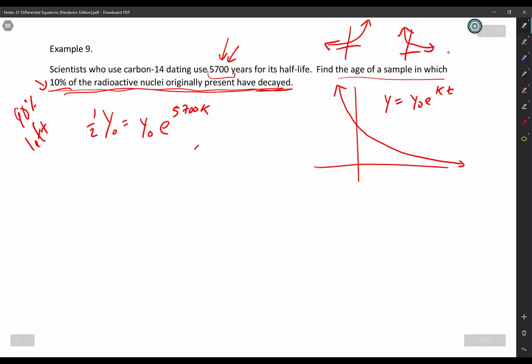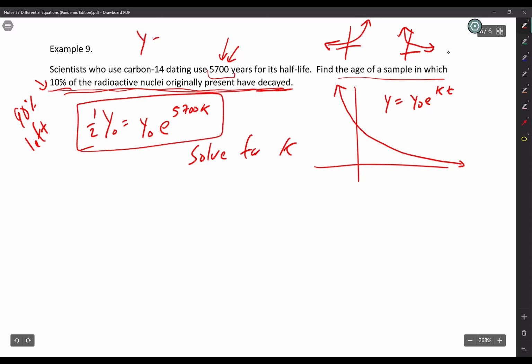So here we go. I solve for k first. This is the equation. I'm just using this one, guys. The only reason we can use that is because of this: dy/dt equals ky. So then from there, the y naughts cancel out.